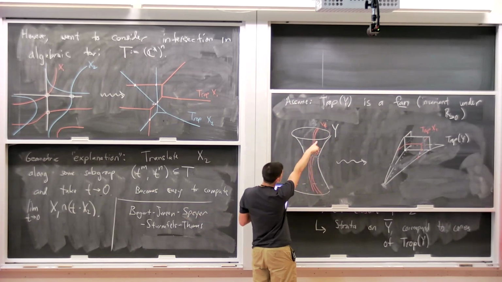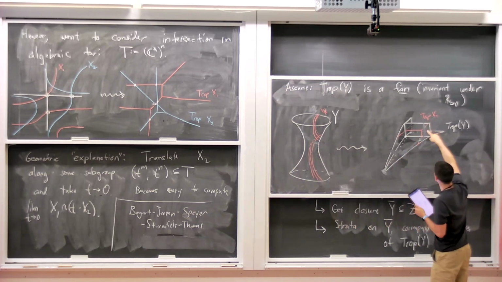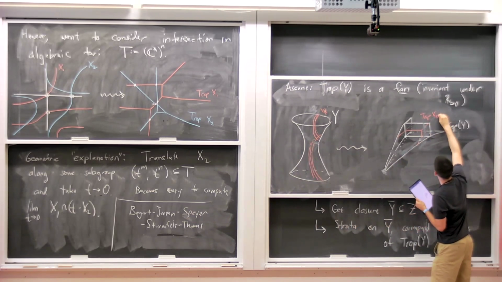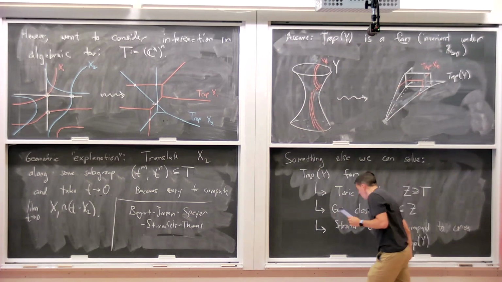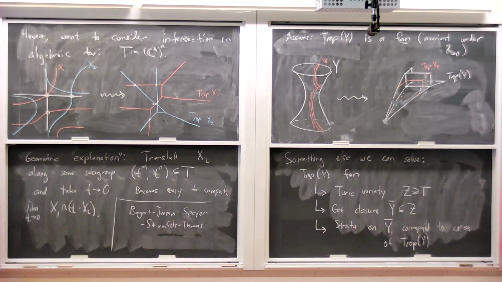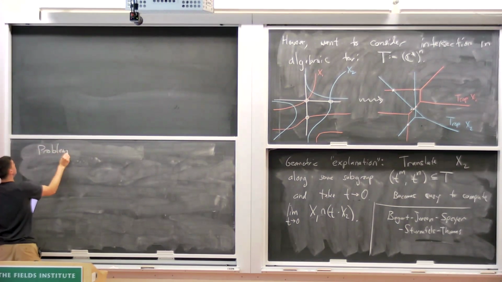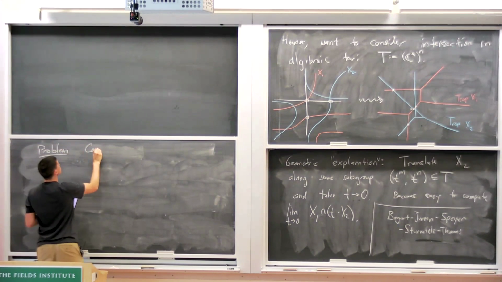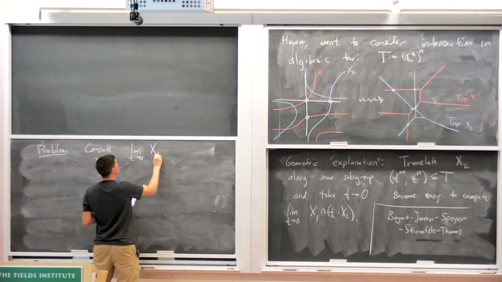It turns out that to such a structure, you again can associate a tropical thing. So this will be trop xt. And the problem is to be able to compute the limit as t goes to 0 of xt.